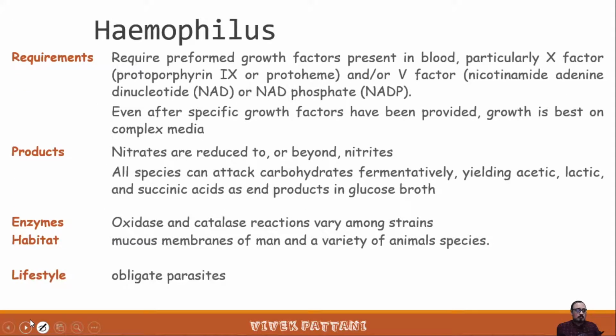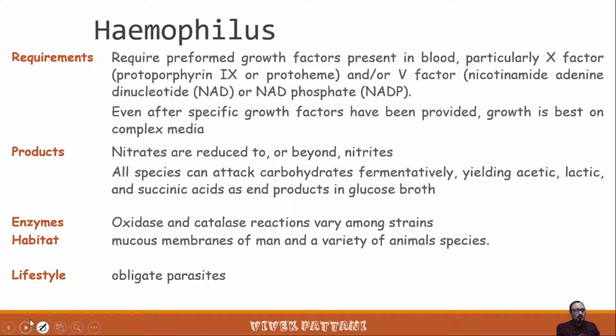These Haemophilus species are basically pathogens, and especially obligate parasites, which means they will only grow in the cells of the host.